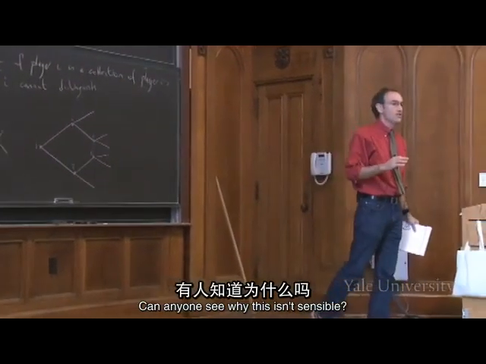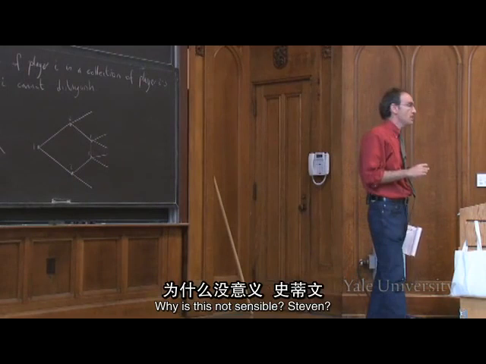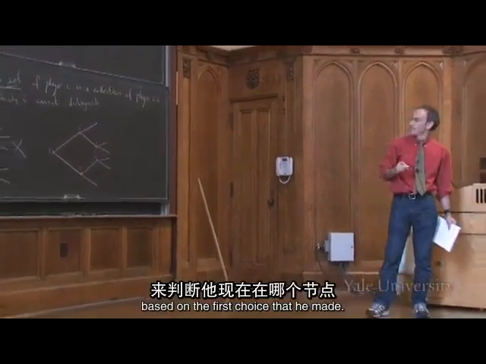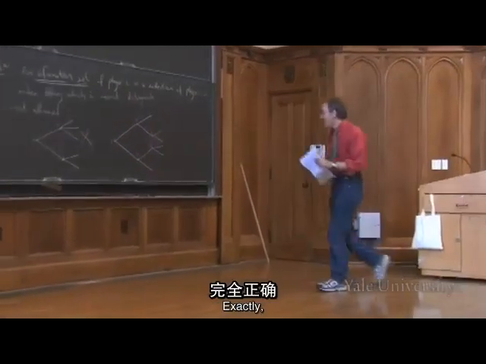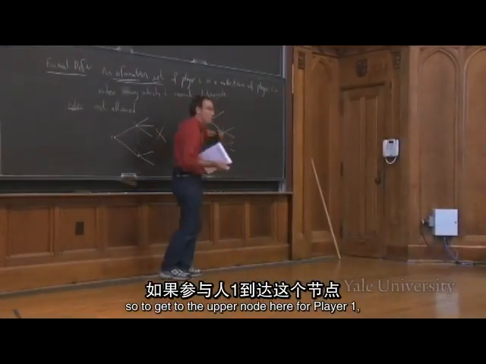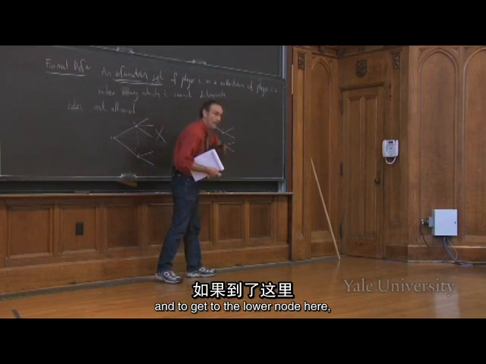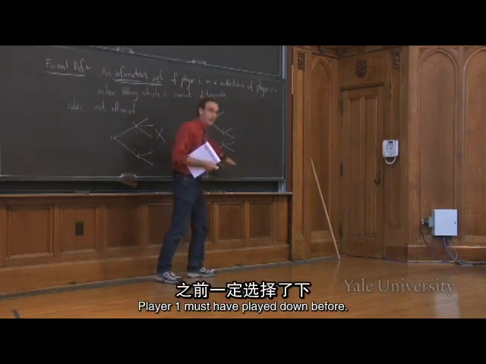Can anyone see why this isn't sensible? Yeah, Stephen, shout it out. Player 1 knows what node he's at based on the first choice that he made. Exactly. To get to the upper node here, player 1 must have chosen up before. And to get to the lower node here, player 1 must have played down before.